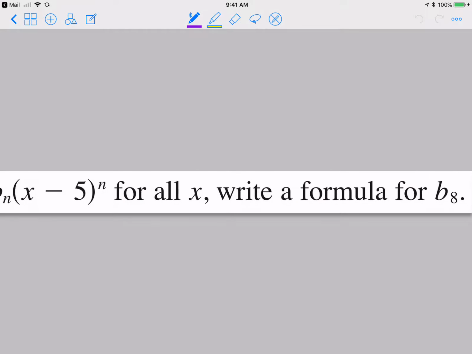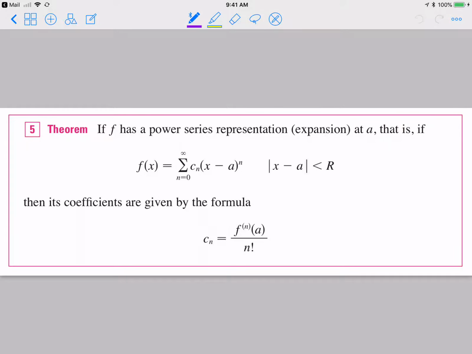Now, the way we're going to figure it out is by using this theorem from the reading. So this theorem says that if f has a power series representation at a, okay, one thing I'll point out here is that instead of using C for center, the textbook uses A for center, and Cn for the coefficients.